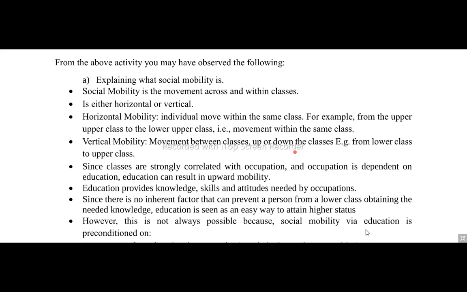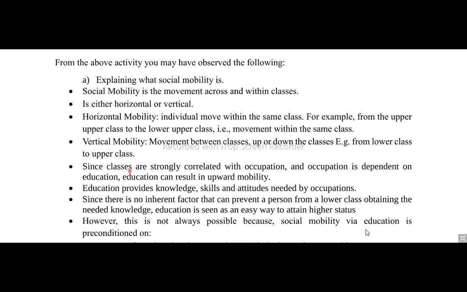When we talk of downward vertical mobility, it's somebody who is falling. You have been rich, now you are poor. You had a very good job, but through the COVID pandemic, you lost your job, and that is the house, you move from middle class going downward.